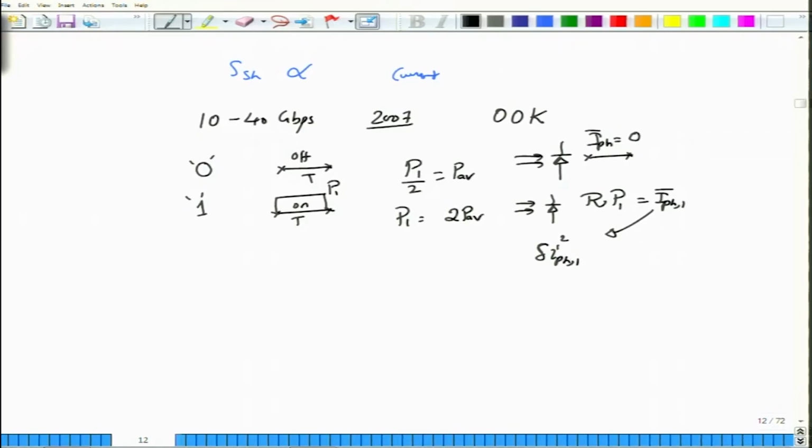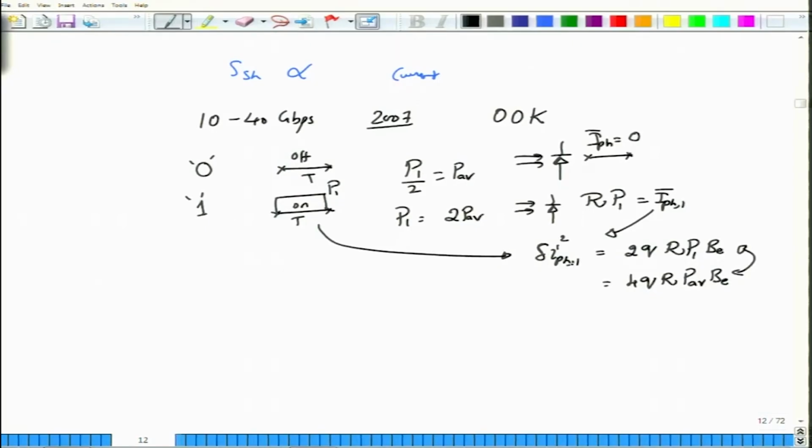This comma 1 indicates that this is the noise generated when you transmit bit 1, and it has a variance of 2q R P1 over the bandwidth B. In terms of average power, you can write this as 4q R P_average times B. Both expressions are essentially the same, because average power is P1 by 2.